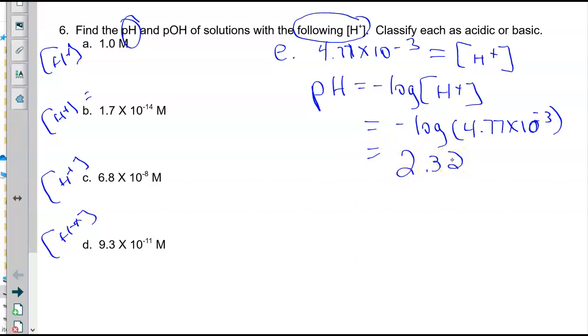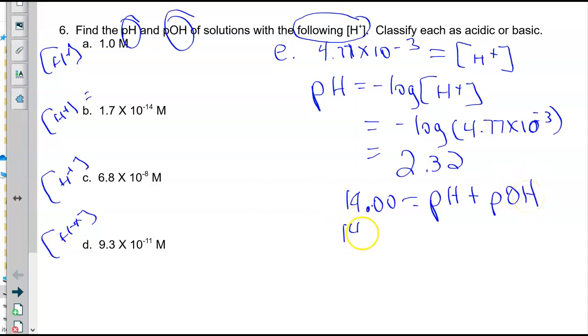That's the first part, and you can show your work here, or on another sheet of paper, preferably here, so you have some space going across your actual piece of paper. Then I can figure out pOH by saying 14.00 equals pH plus pOH. Yes, you need to write the generic formula each time.